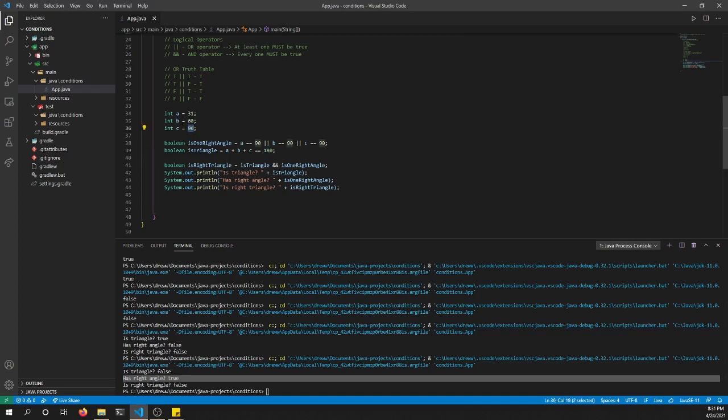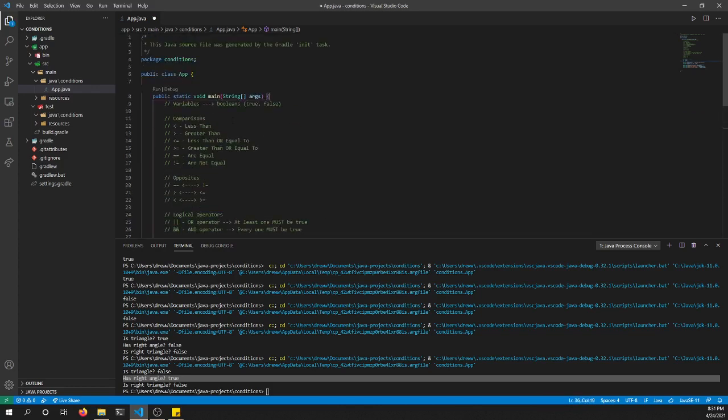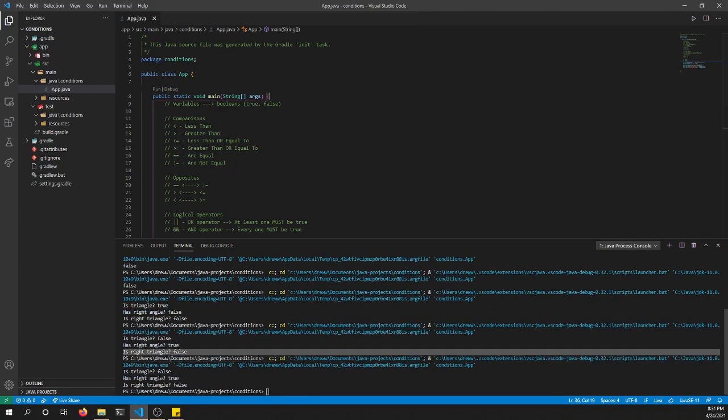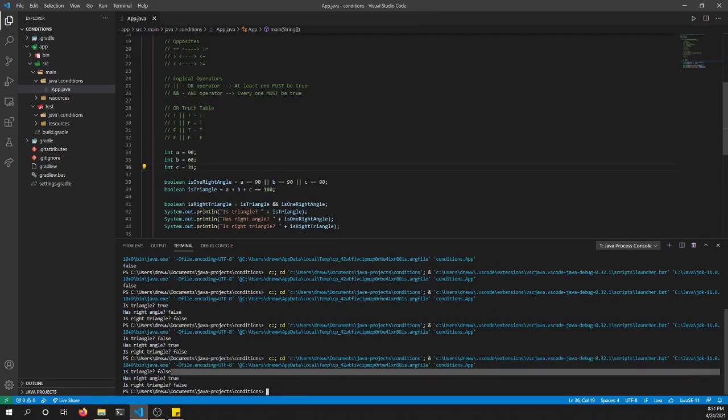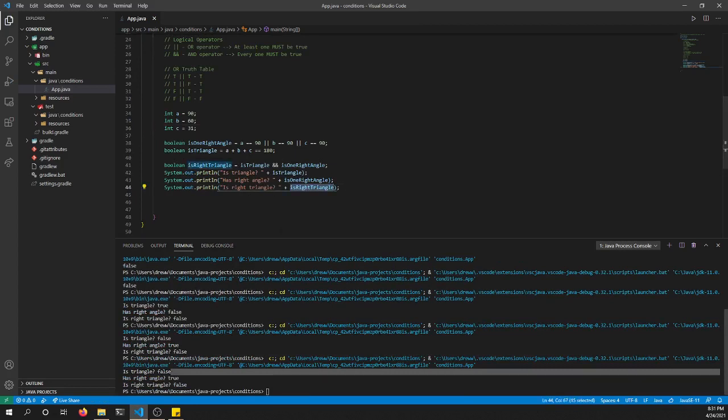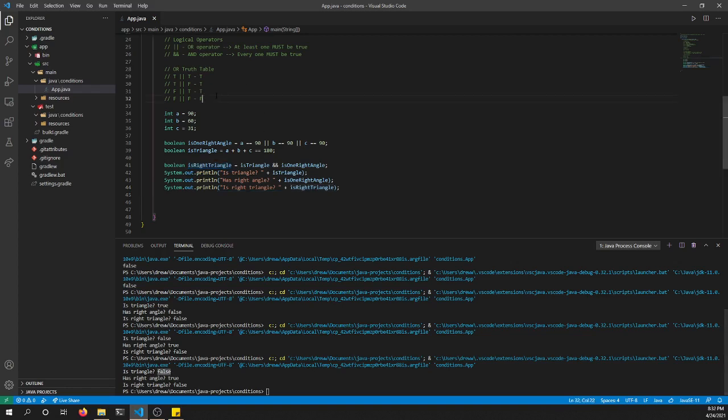And again, it doesn't matter which one of these is 90 degrees. If I had swapped A and C and run that, I'm still false here and true here. And my is right triangle is false now because yes, there is a right angle, but it's not a triangle.